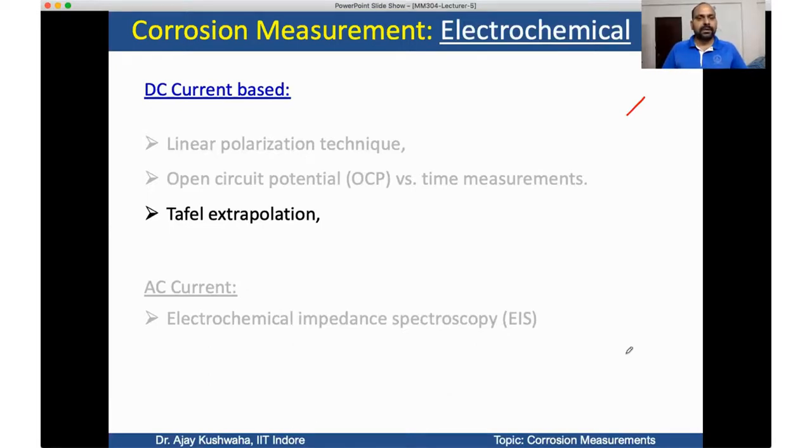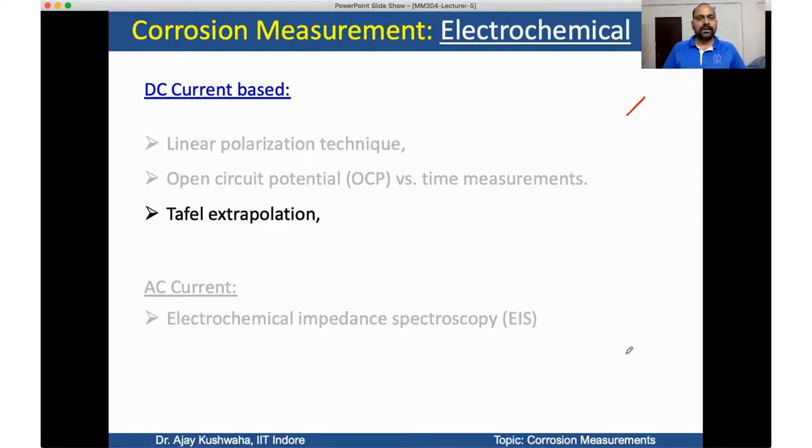So if you remember, in DC current we can have three different types of procedure. One is the linear polarization technique. Second is open circuit potential versus time measurement. And the third one is the Tafel extrapolation method.